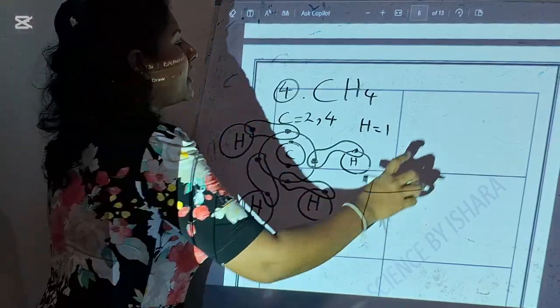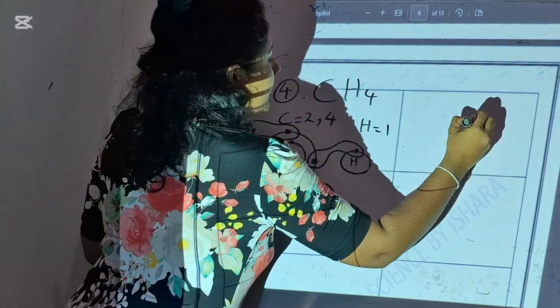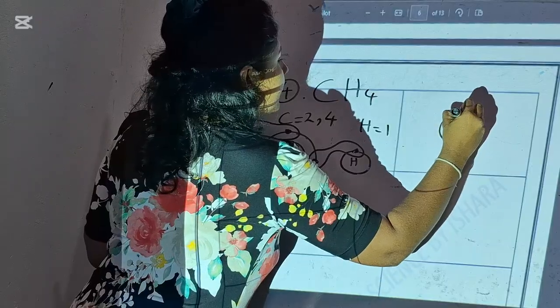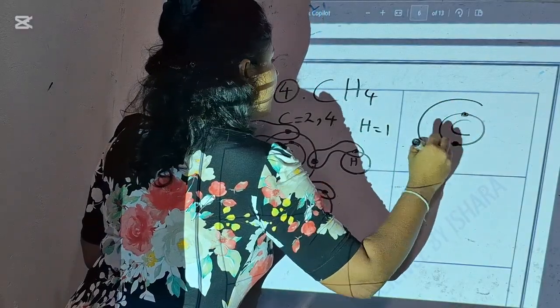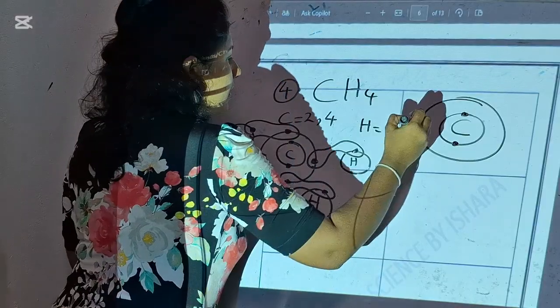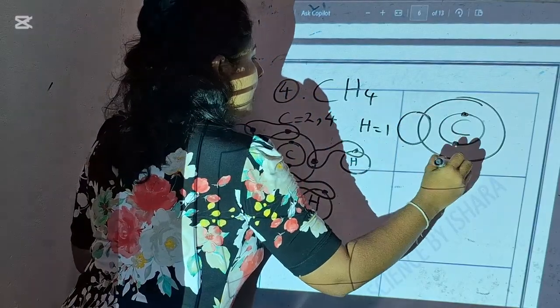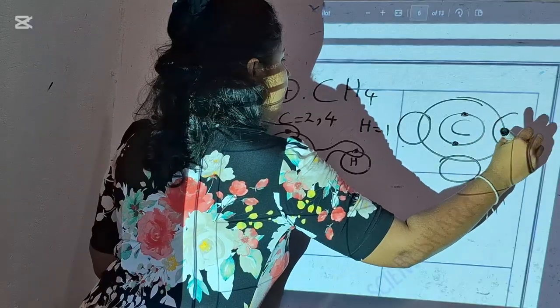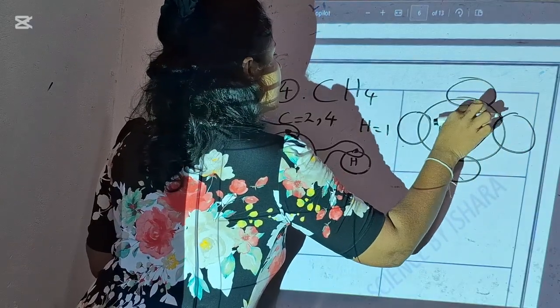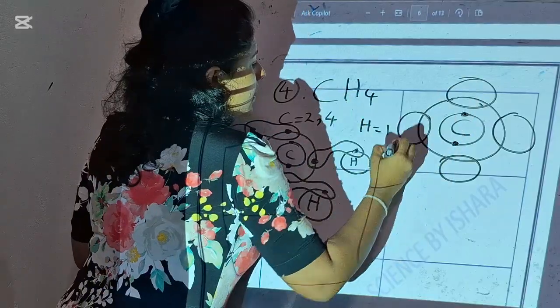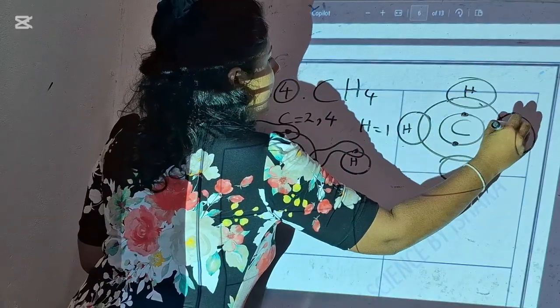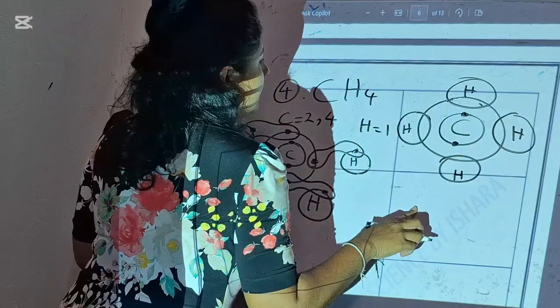So shall we draw that one clearly here? Carbon, first shell 2 electrons, last shell, then there are 4 hydrogens combined with it like this. Hydrogen, hydrogen, hydrogen, hydrogen.